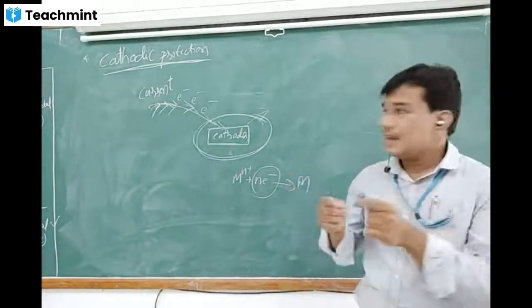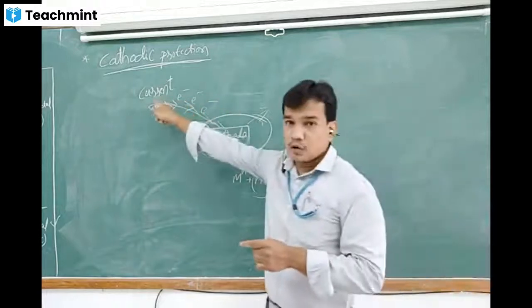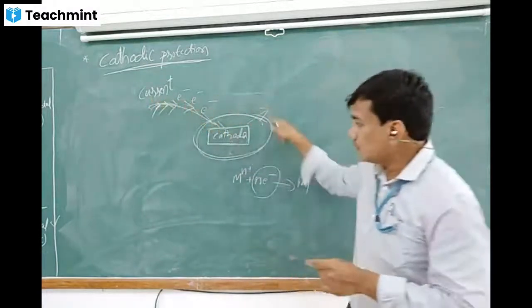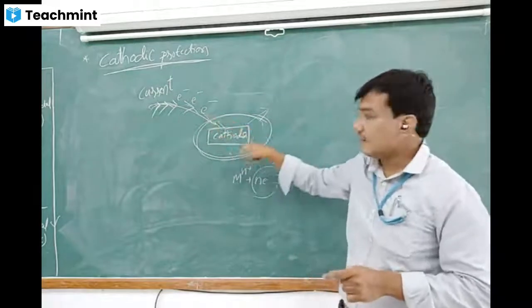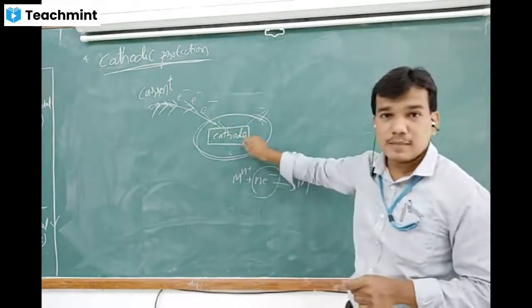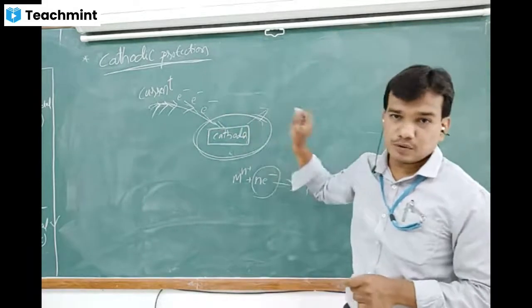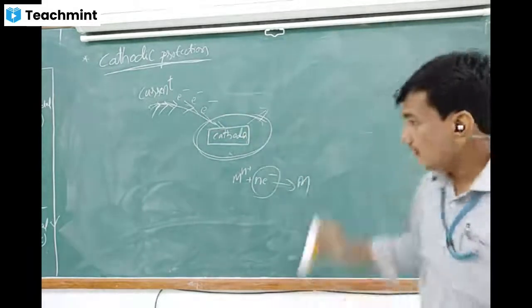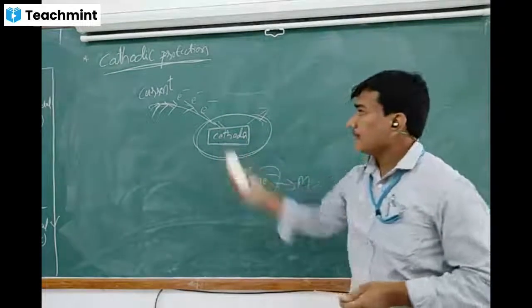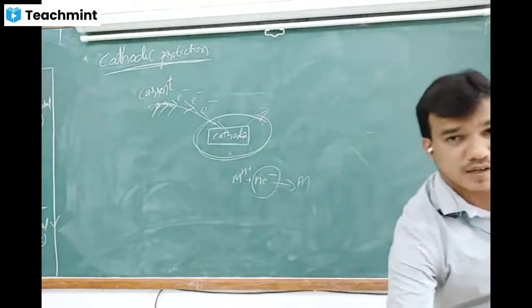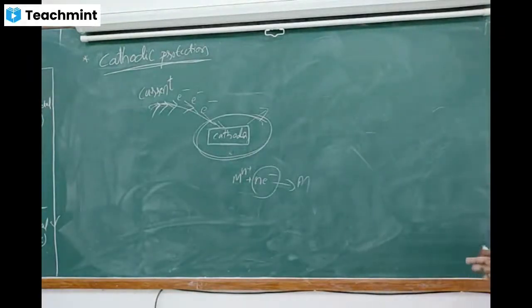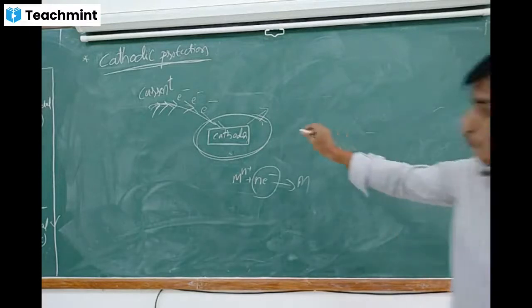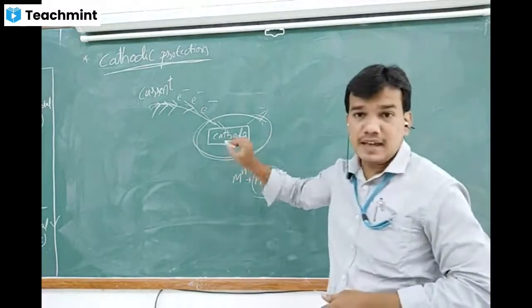If we connect an external source of electric current to the metal, there is a continuous supply of electrons. Then the metal becomes cathode. So the concept of cathodic protection is to reverse the flow of electrons during the corrosion.